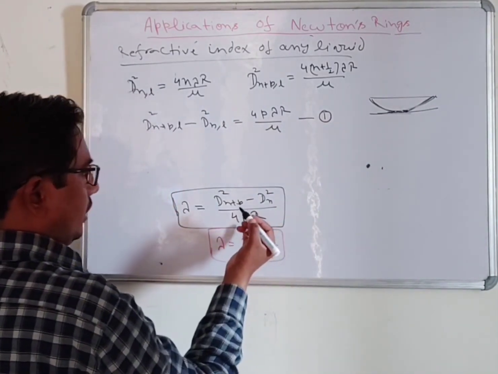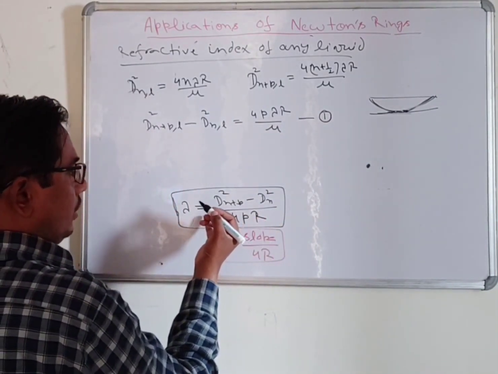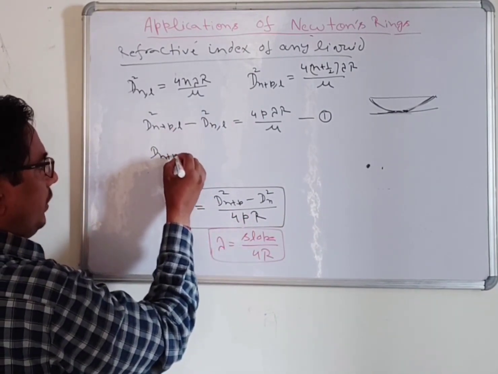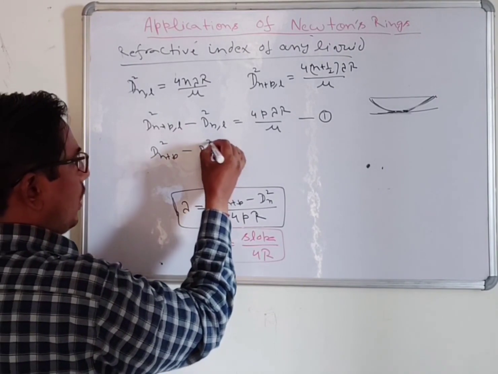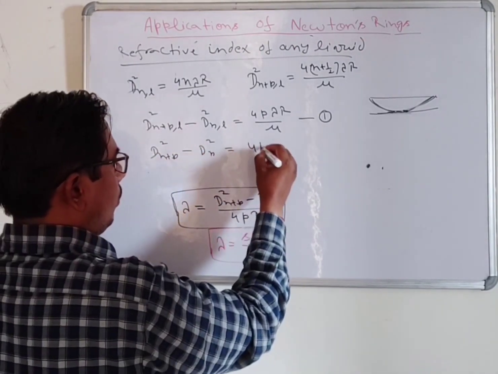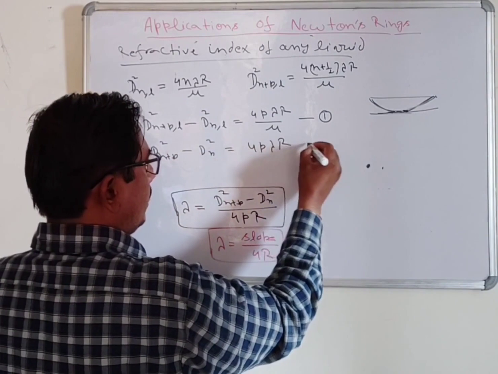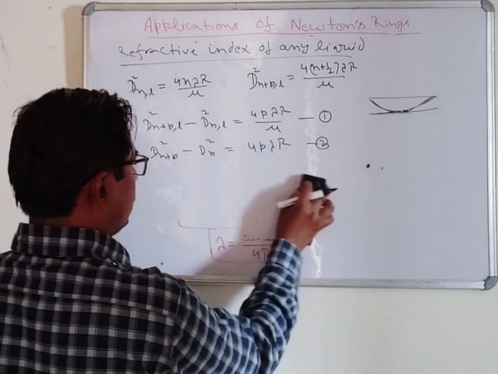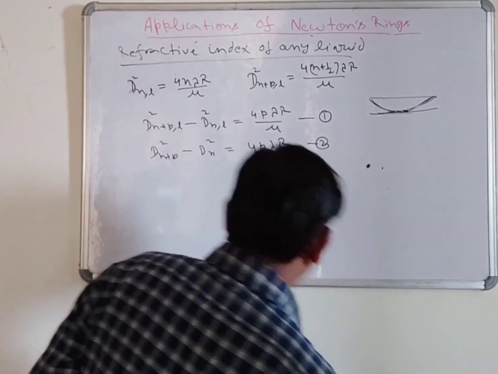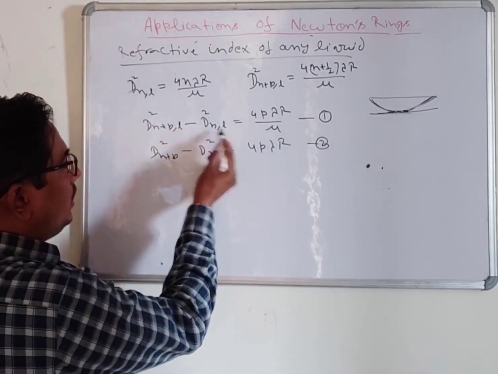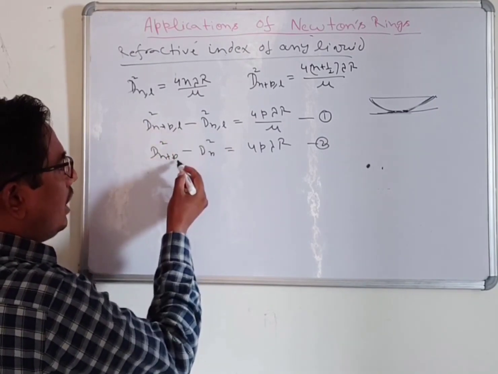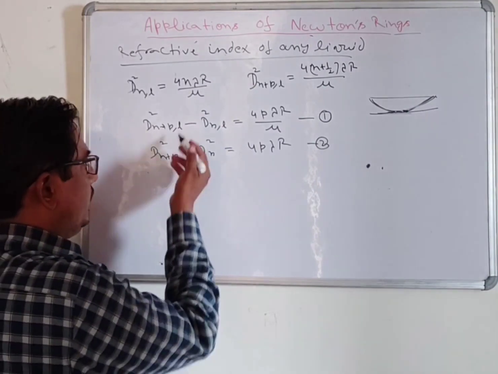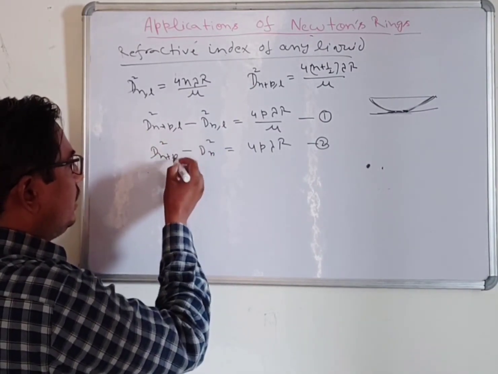And in the case of the air film, you can write d_(n+p) square minus d_n square equals 4p lambda R. Here I am using L for the liquid, this diameter is for the case of the liquid. Here this is for air, so I didn't use any subscript here.